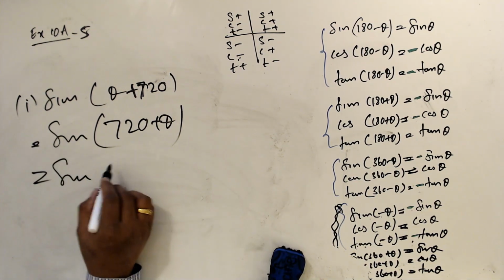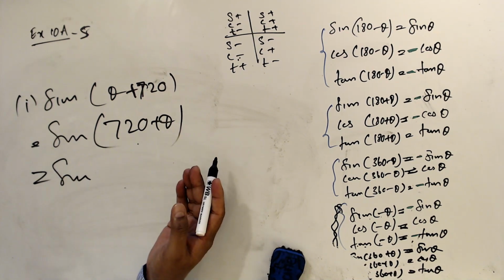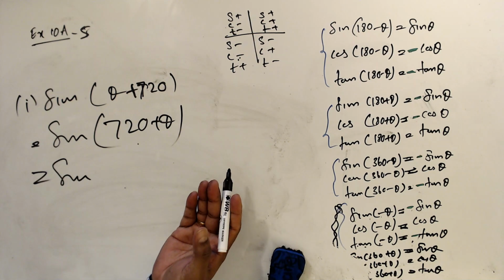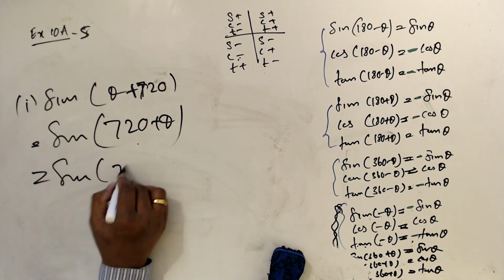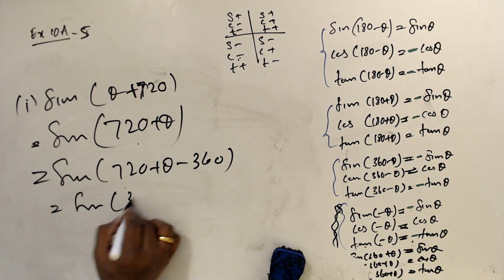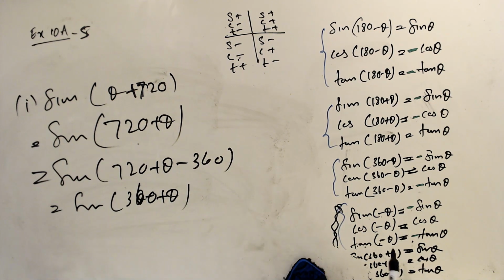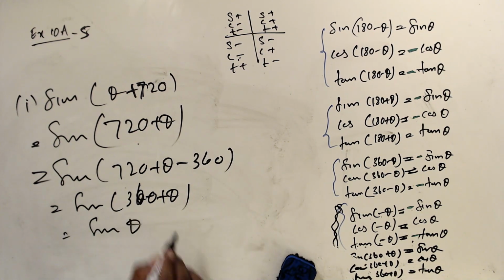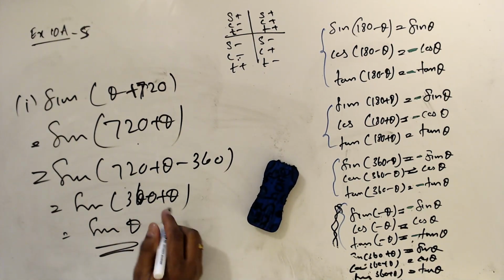So sine 720, I can see 360, again 360 remains. So I'll take double 360, which is 720. Right, okay, I'll take one 360 out, sine 360 plus theta. So 360 plus theta, sine cos tan still the same, which is sine theta. Sine theta, first quadrant.